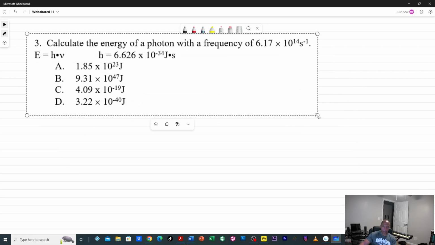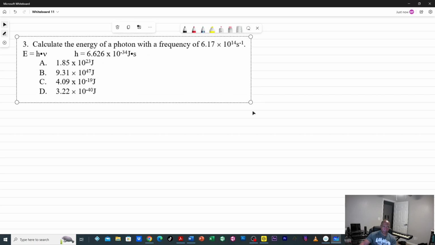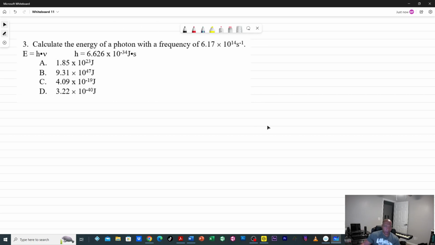Alrighty then. Now, since they're giving you a frequency and they want you to find the energy, I'm going to use this: E is equal to Planck's constant times the frequency.